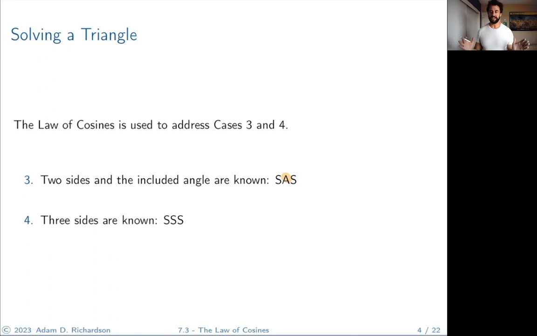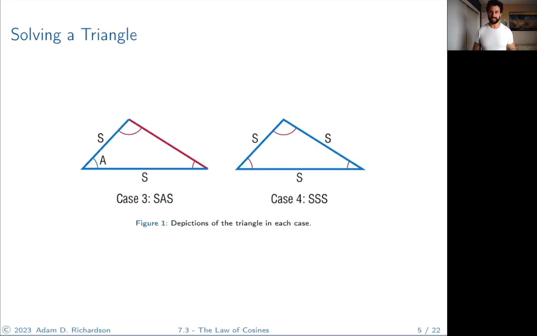If you know two sides and the included angle, you can use the law of cosines. If you know all three sides, you can use the law of cosines. So this is where it gets applied the most. Pictorially, we know this information right here, or we know this information. And in either of those two cases, you can use the law of cosines to completely solve the triangle.